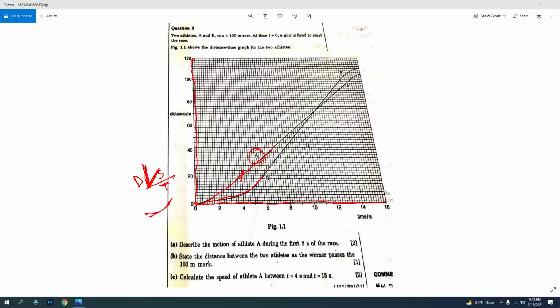A has accelerating attitudes. So the answer, until 4 seconds, is that athlete A has accelerated.